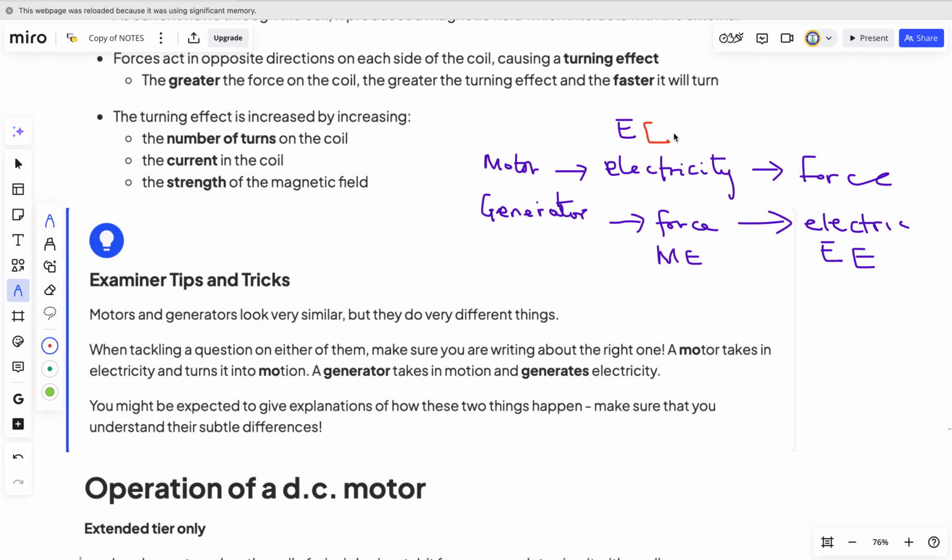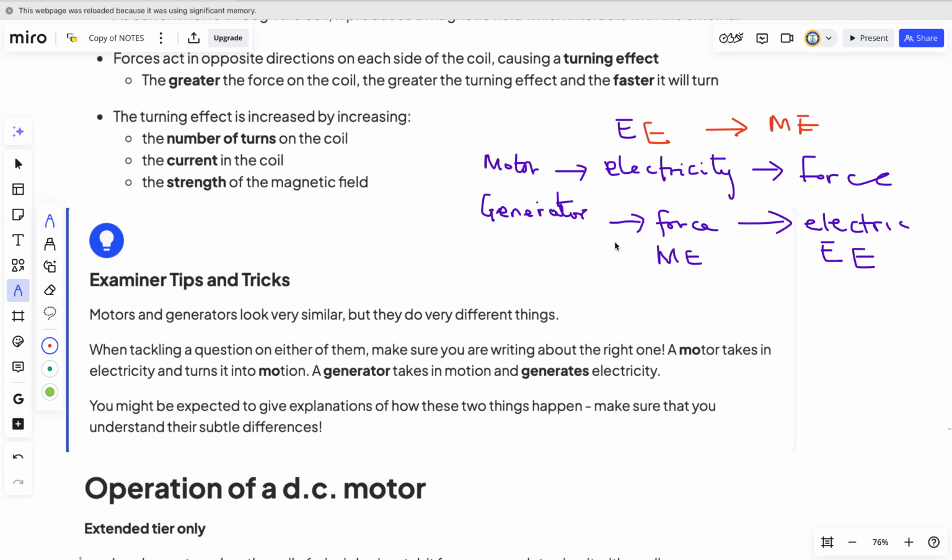Like in the case of your washing machine, when you plug it, it gets electrical energy, and that electrical energy is used to cause spinning, to create motion, which is mechanical energy. So that's what you need to know.